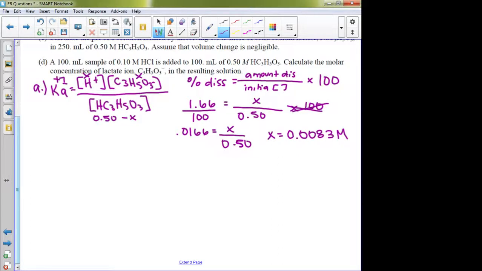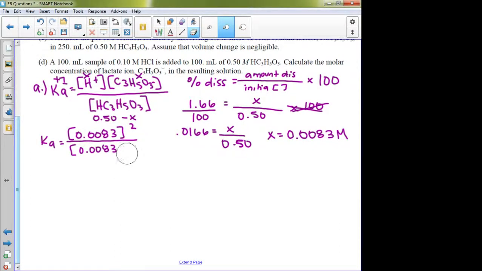Okay, good. So I plug that in, so I say that means my Ka is equal to 0.0083 squared divided by 0.50 minus 0.0083.